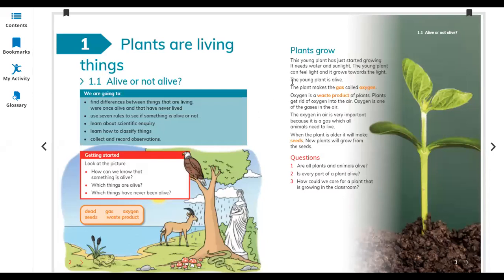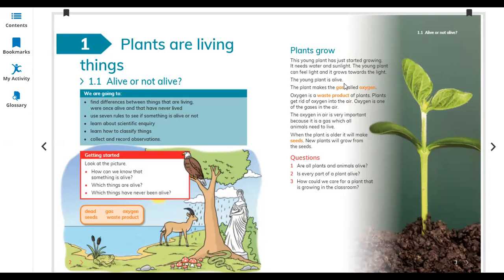The young plant can feel light and it grows toward the sunlight, like a sunflower. In the morning, the flower faces the sun.